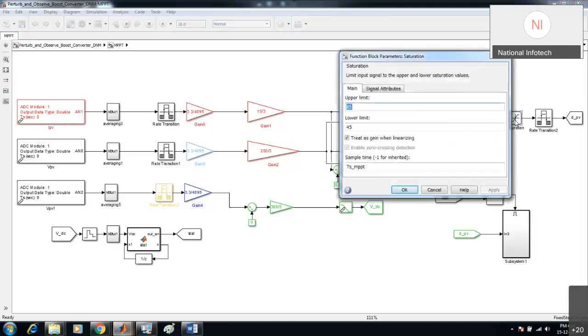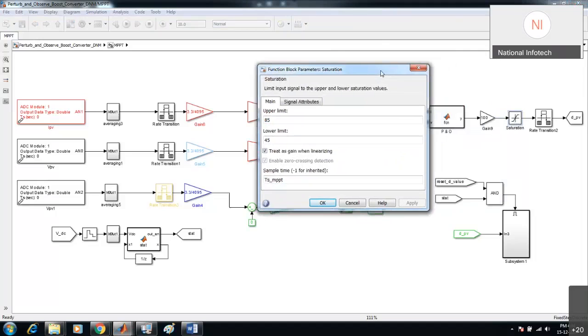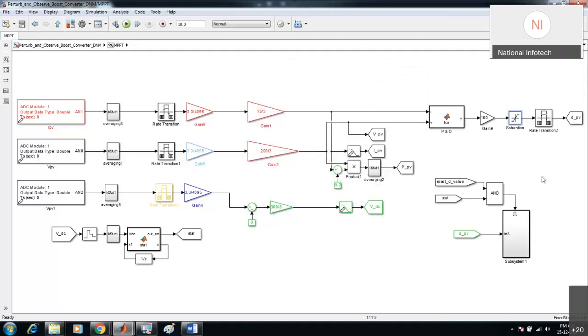Then we have given some saturation. Whenever the duty cycle exceeds 85, the upper saturation will be 85, so our gate pulses won't get more than 85% duty cycle, and on the lower side it won't be less than 45% duty cycle. Is it clear?